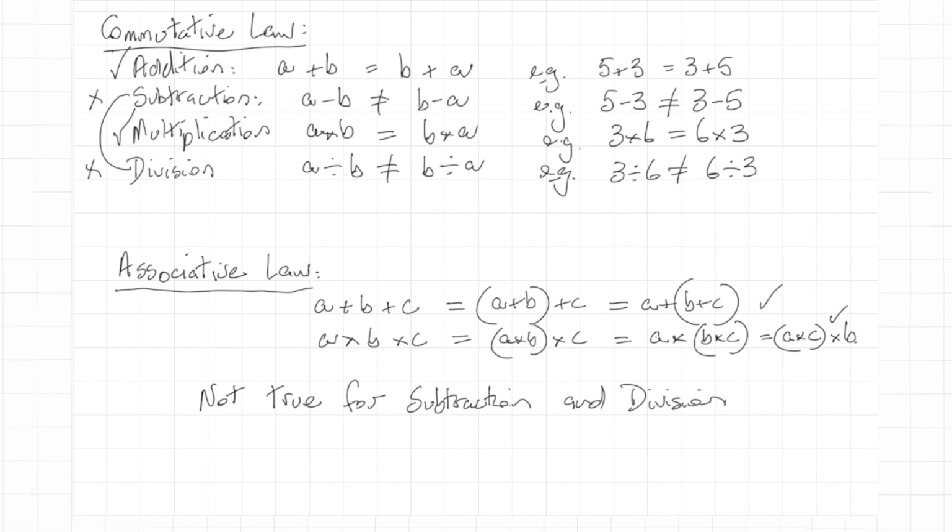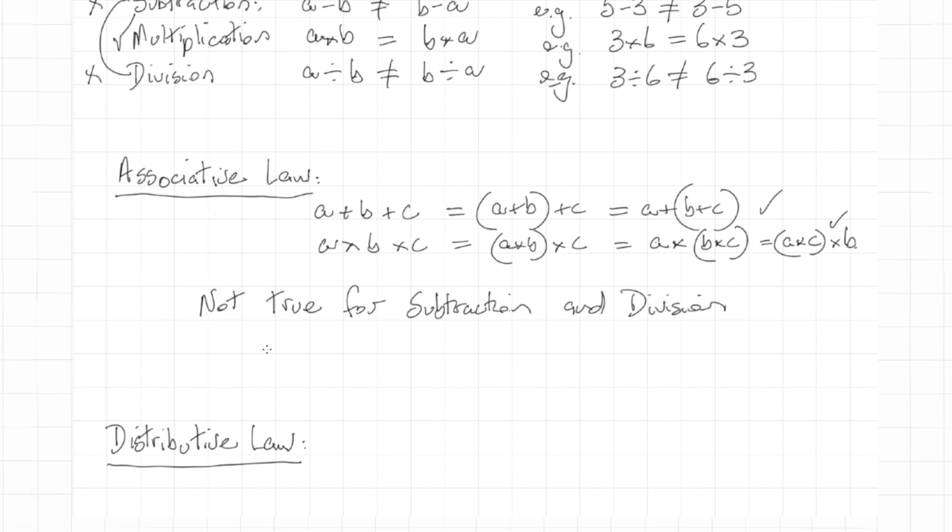If we have 10 minus 4 minus 3, it does make a difference, from your BODMAS. There's no brackets, no indexes, no division or multiplication, but yes, we've got addition and subtraction.